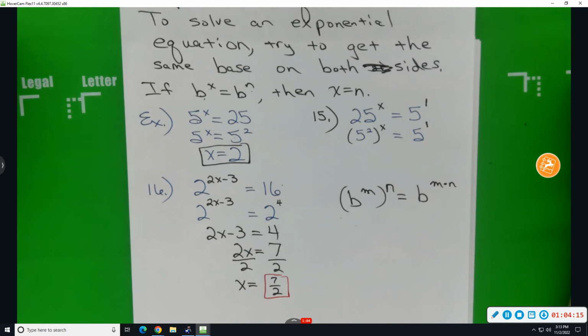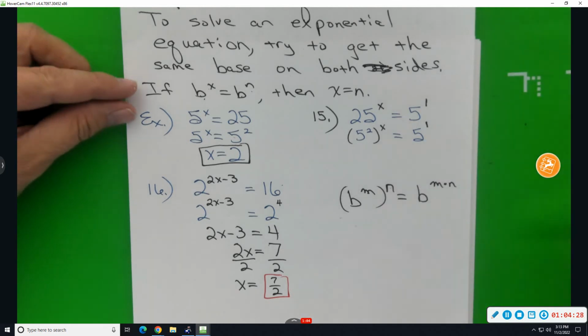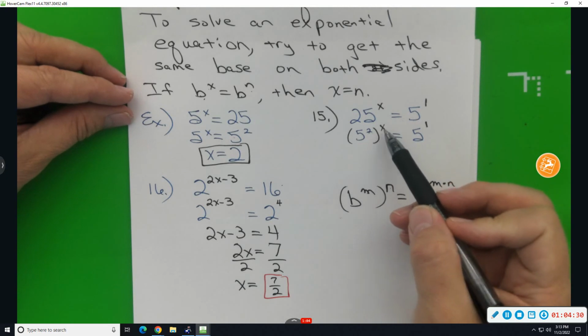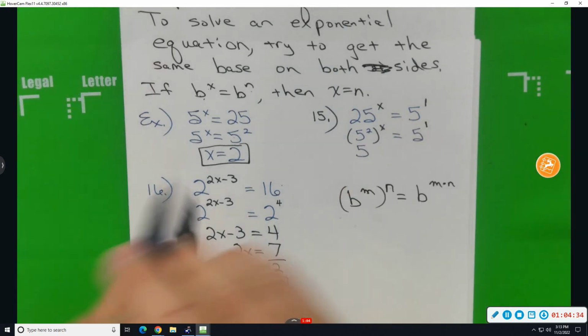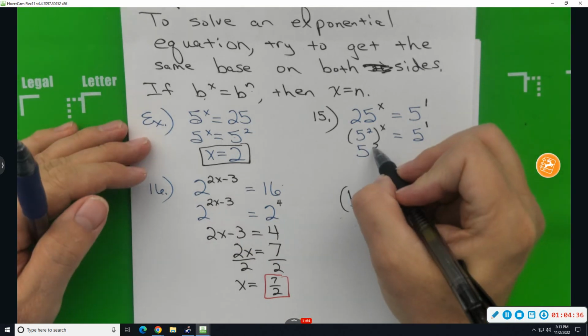That's going to be a property we use quite a bit as we go through solving exponential equations. And there's even a rather bizarre power rule for logarithms that's based on this property. Power raised to a power, 2 times x, that becomes 2x.